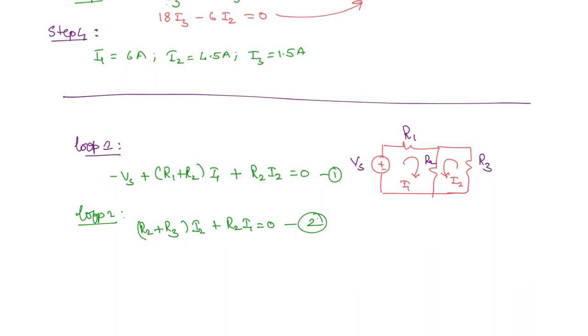Now next comes the case wherein we have current sources in the meshes. And sometimes when there is a current source, we are going to get a supermesh. So we will see what that case is. We will take an example here so that you can understand better.